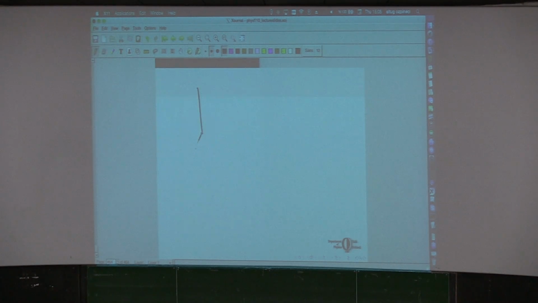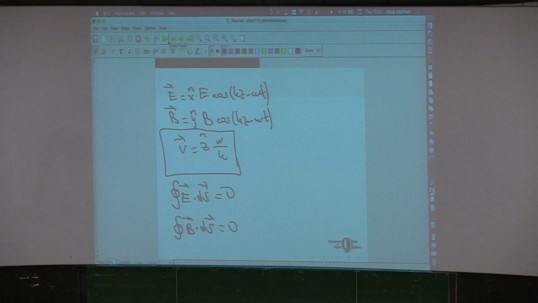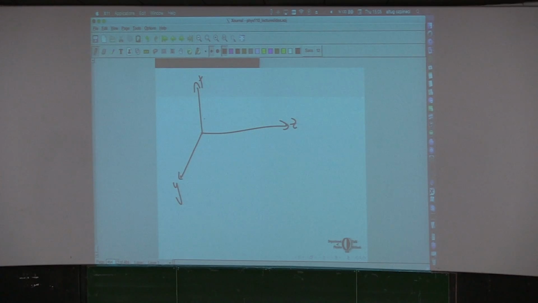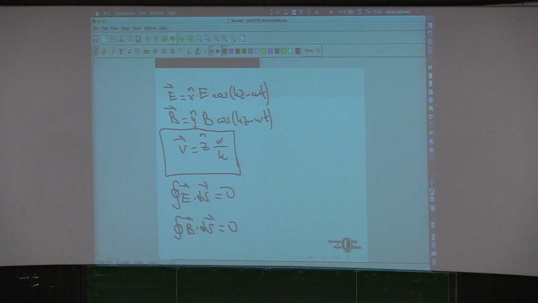Let me plot the x and y axis. Now this is x, this is y, and this is z. Now the electric field lines are on the x-axis, so they will look something like this. Now the magnetic field lines are on the y-axis, and whenever the electric field is 0, the magnetic field is also 0.